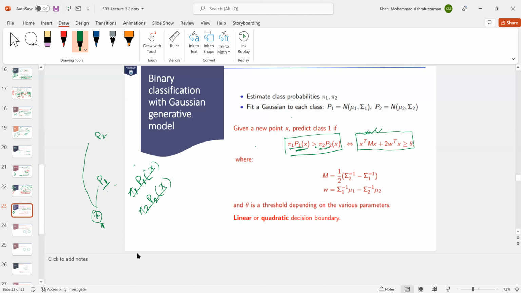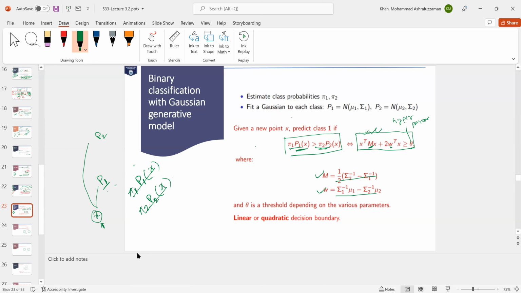In this term, we are using three different new symbols: M, W, and theta. Here M is this, W is this, and theta is a hyperparameter that we can find out using cross validation. But we are more interested in M and W because they define the decision boundary. We want to understand how we get the decision boundary, because we want to know how the model really finds different classes.